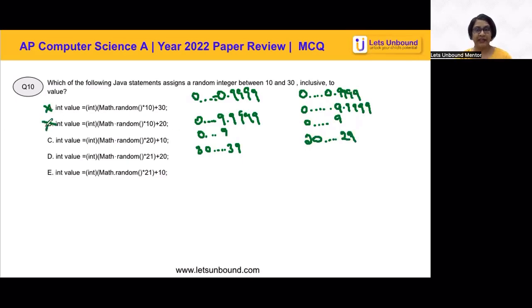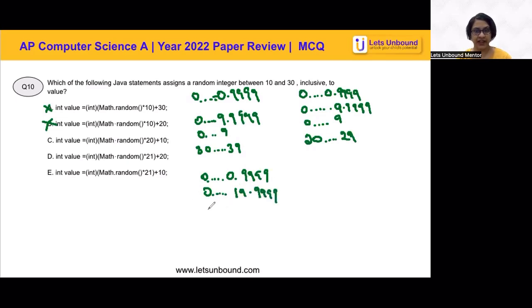Option B eliminated. Now let's look into option C. Let me write it down. 0 to 0.9999 when multiplied by 20 on both the ends gives 0 to 19.9999.